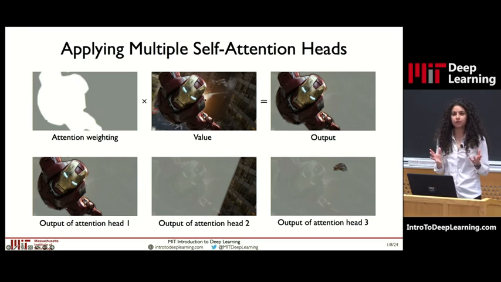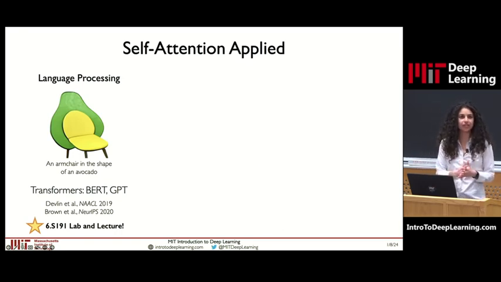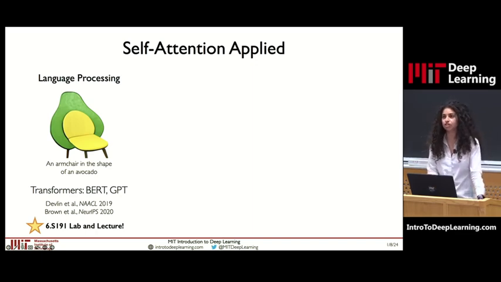So hopefully you've got an understanding of the inner workings of this mechanism and its intuition and the elegance of this operation. And attention is now really, we're seeing it as the basis of the transformer architecture applied to many, many different domains and many different settings.